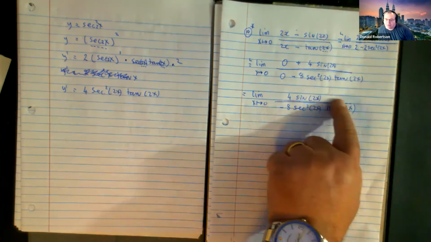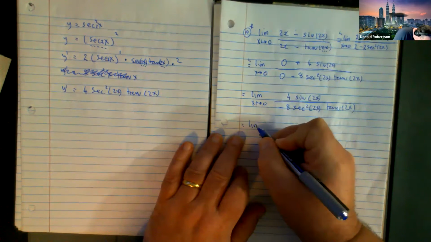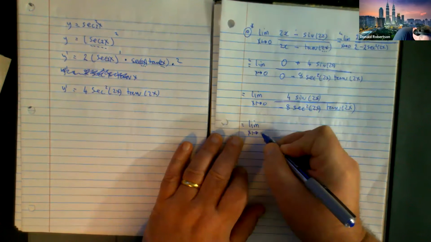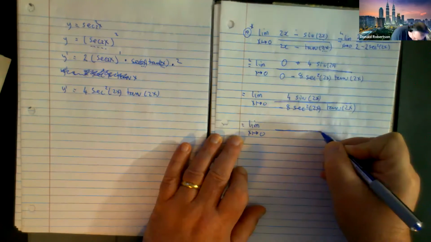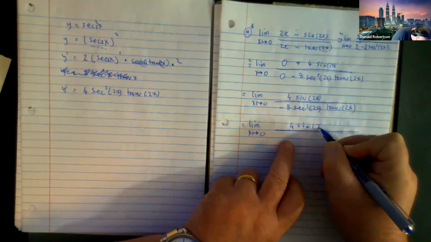So at this point in here, I'm going to continue with the algebra and just see if we can rewrite this and simplify it in some way. So again, nothing here to do with L'Hospital. I can't think of anything useful right now to do with the top, so I'm just writing that down.